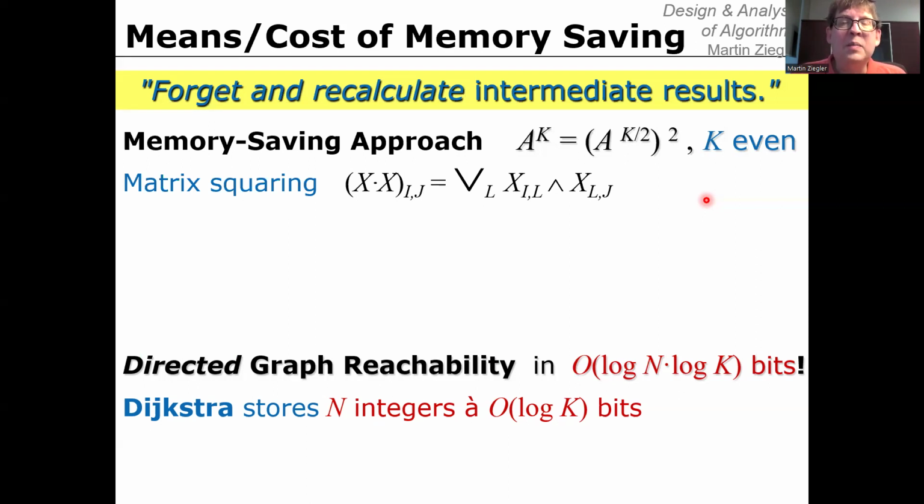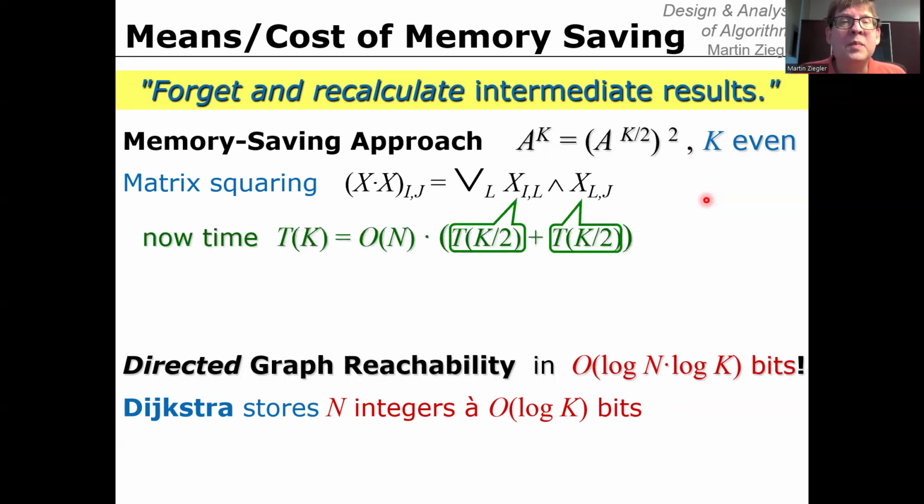Last time we devised a recursion for the memory consumption, and now let's devise a recursion for the runtime used by this algorithm, not by a runtime efficient algorithm, but the running time used by our memory efficient algorithm.